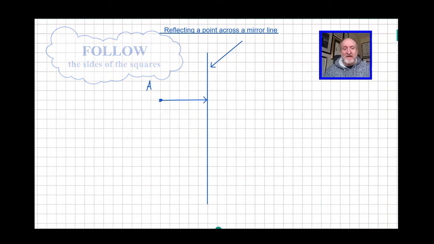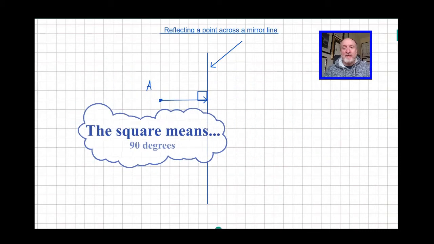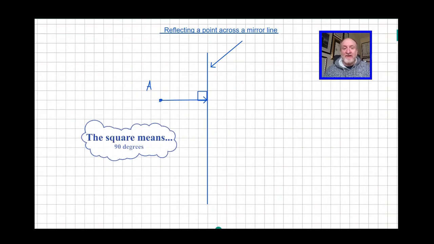And importantly, what we've created here, if I just put a box in this corner, it'll help, is a perpendicular line, and we know that that's 90 degrees. So we've created a perpendicular line directly to the mirror line, 90 degrees between the two.